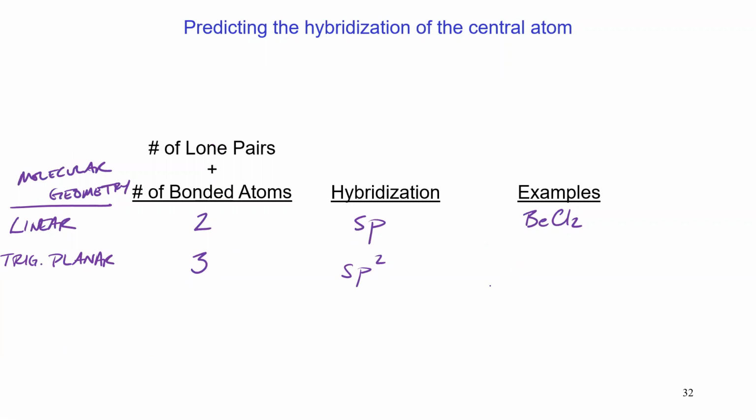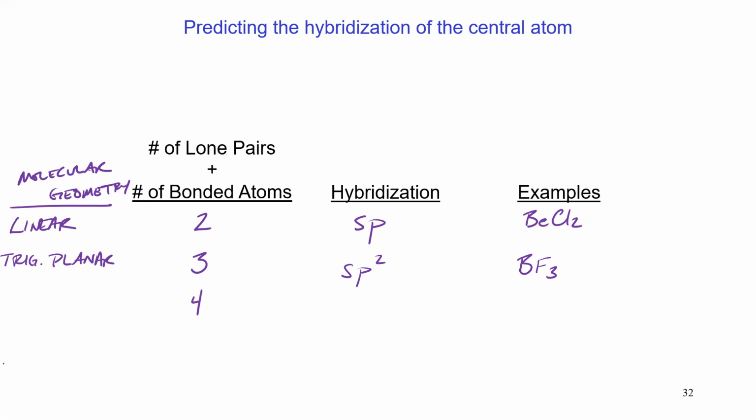And again, one of our examples for this was BF3, which was one of those low electron exceptions for the octet rule. But this is also where the formaldehyde that we talked about earlier, the CH2O, with the 2 bonded hydrogens and then a double bonded oxygen, that also fits in sp2. We'll come back and talk about that one in a minute.